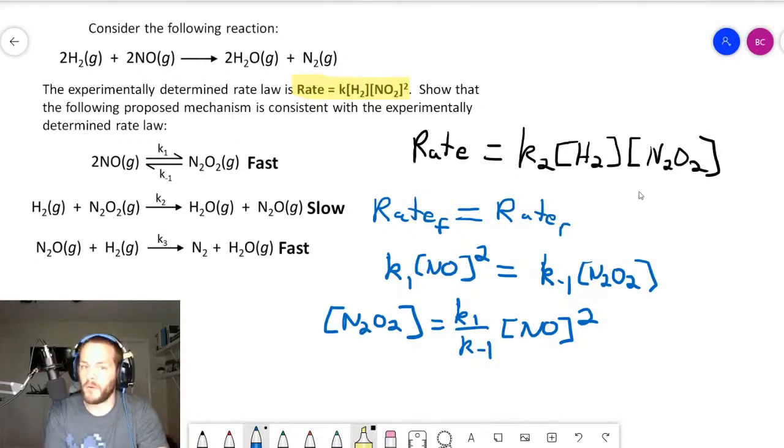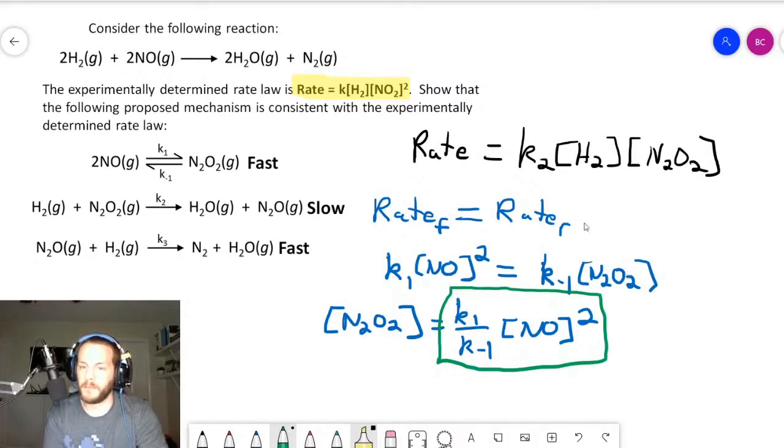The rate law of our rate limiting step has an intermediate in it, and so we need to express that intermediate in terms of reactants. The way that we do that is by understanding this equilibrium relationship between the rate of the forward and the rate of the reverse reactions. So we just found an expression for the concentration of N2O2, right? So that's this thing right here.